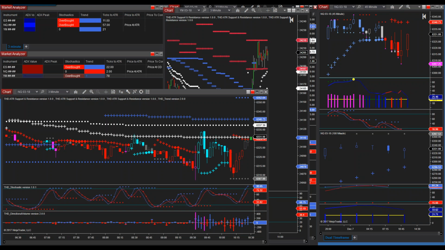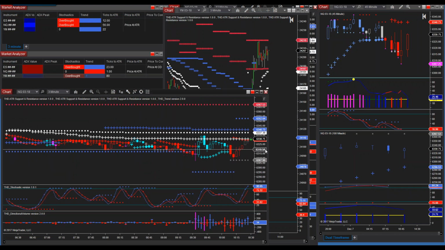Because remember, this is a 3-minute, but I have 4 ATRs. So the red and the blue that's on price is from the 3-minute. The white is the 12-minute. The 45-minute is blue, and then this one is the 180. So I've got the 3-minute, the 12, the 45, and the 180.